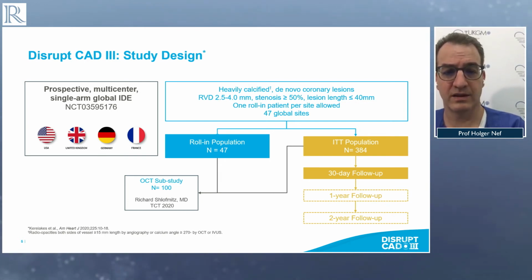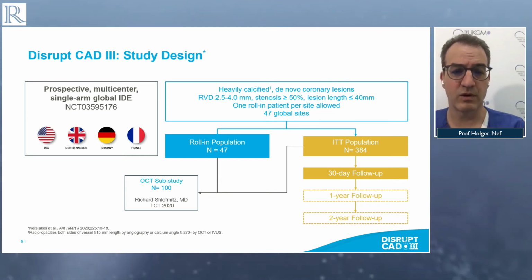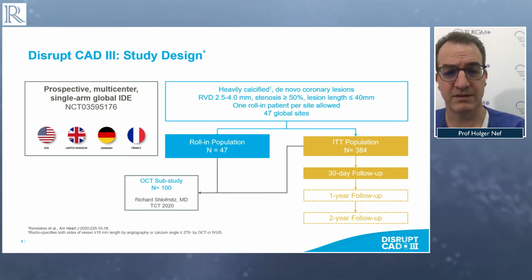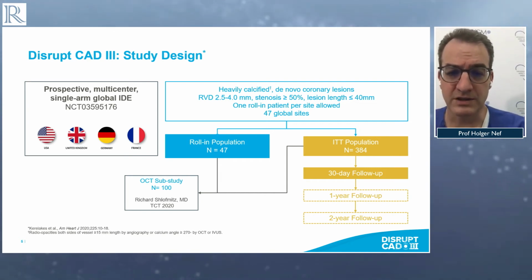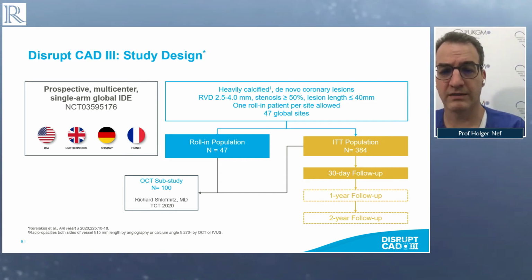In total there were 47 global sites. So we have a roll-in population of 47 patients, and an intention-to-treat population of 384 patients. Note that there was an OCT sub-study of 100 patients.